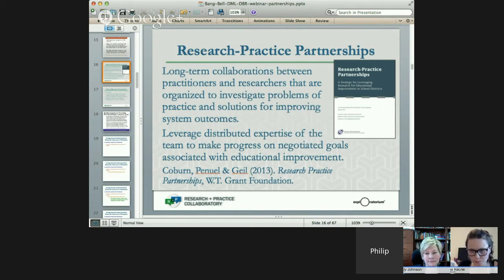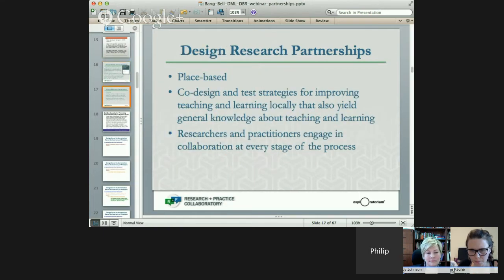And they're doing similar work to leverage the distributed expertise, but they are often working at a broader scale. There's a flavor of research practice partnerships that are design focused as well, that has a resonance to DBR historically. So they're place-based. You're doing that improvement work locally, but generalizing knowledge about teaching and learning to theory.